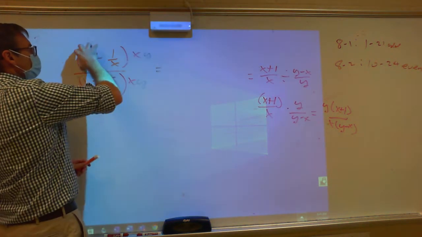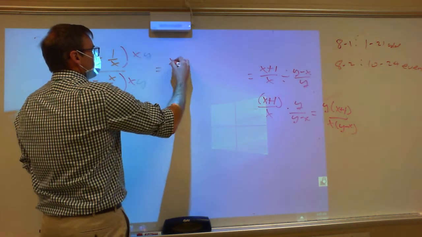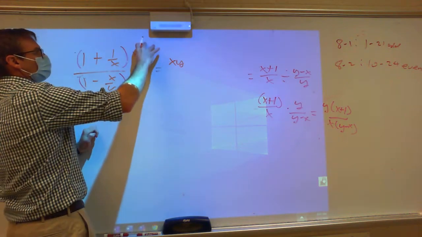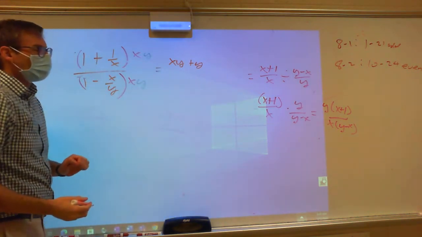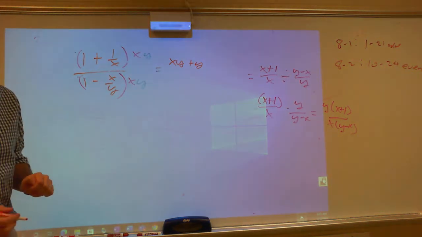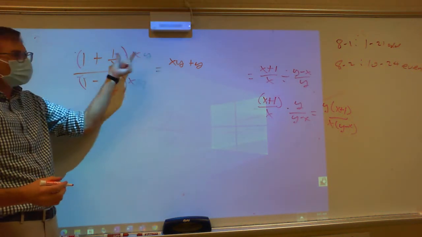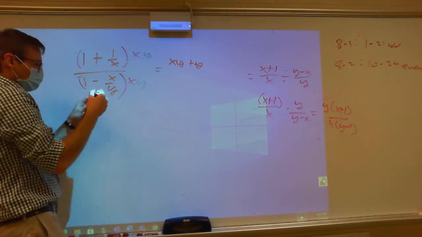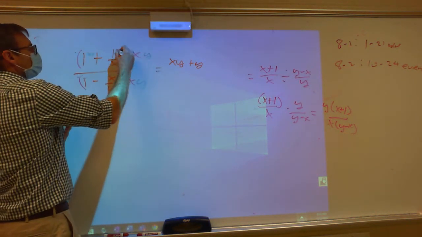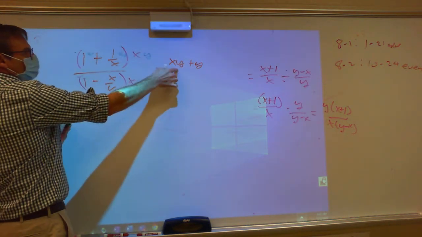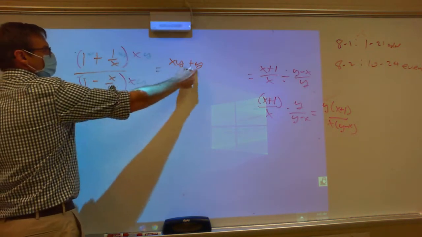If I do this times this, that gives me an xy. When I do this times this, the x's cancel, and so I end up with a y. Imagine you've got a little xy here and a little xy here. So the xy gives you this, the x's cancel, and gives you a y.